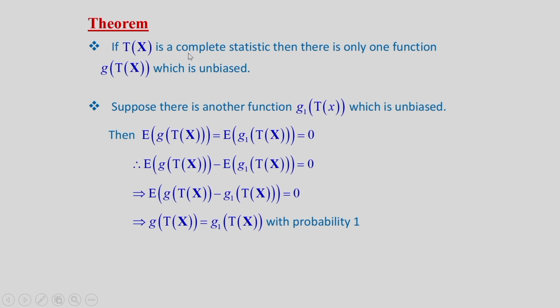If T(x) is a complete sufficient statistic, then there is only one function g(T(x)) which is unbiased. So, that is important. Now, if T(x) is complete and sufficient, then we can find only one function g(T(x)) which is unbiased. We will prove this theorem.